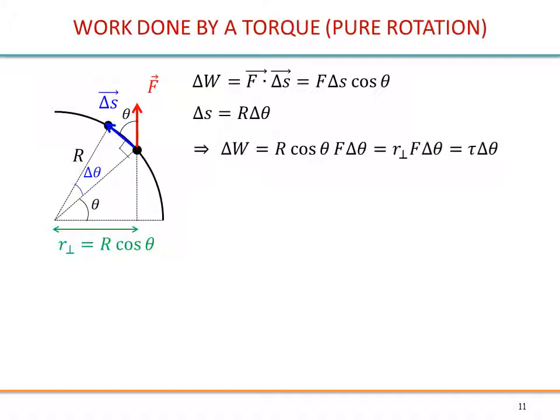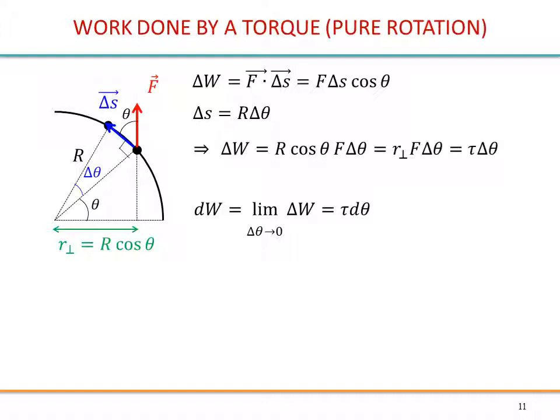So R is here, cos theta is this length. Let's call it R perpendicular. So we get R perpendicular F, and this is by definition the magnitude of the torque, the lever arm multiplied by the magnitude of F. So it's tau delta theta.